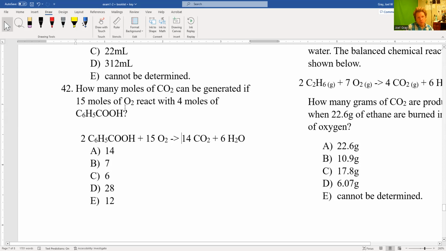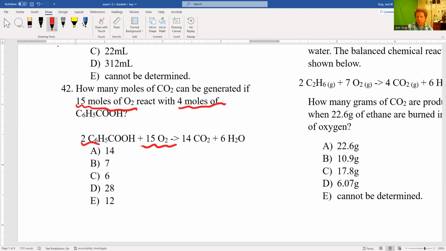15 moles of O2 react with 4 moles of C6H5COOH. This question is a limiting reactant problem. We've got 15 moles of O2, which is 15 moles here. 4 moles of this, that's 2 times what this is. So we have 2 times what we need. That means that this right here is our limiting reactant.